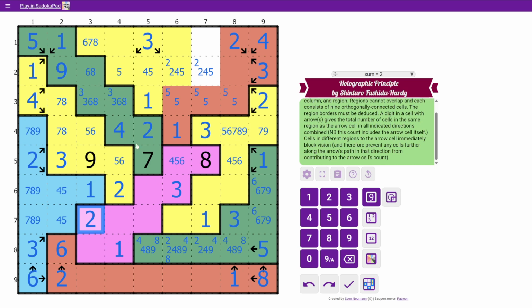Three, 4. 5. No. 7 will be in one of those.